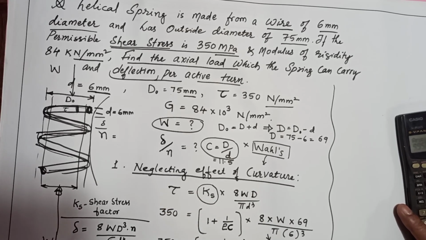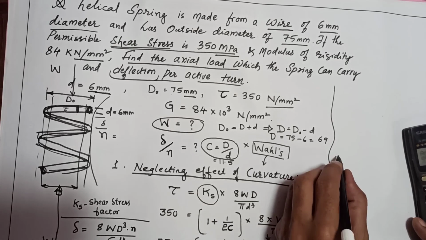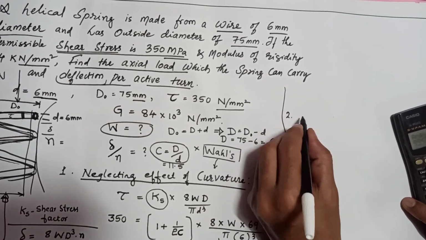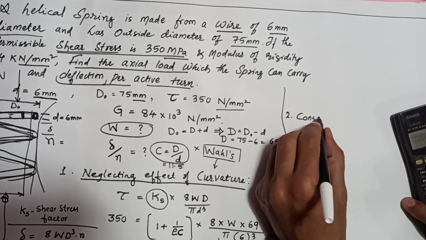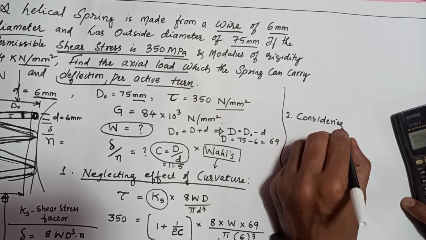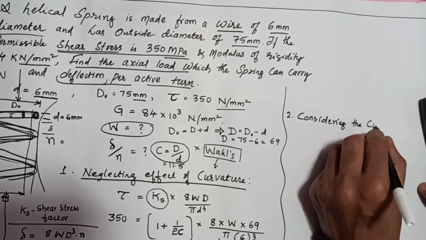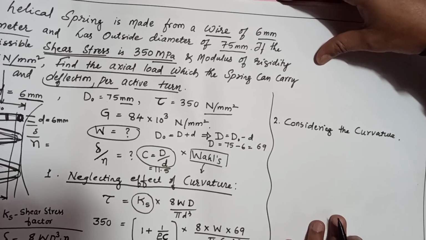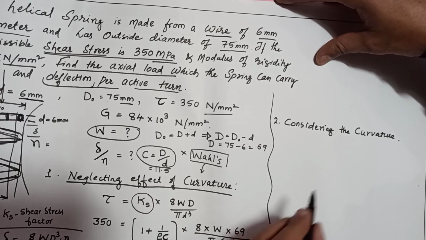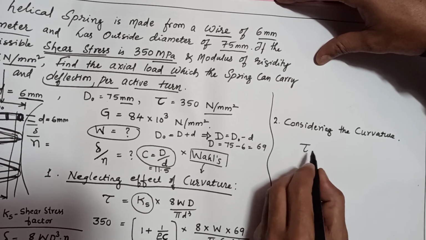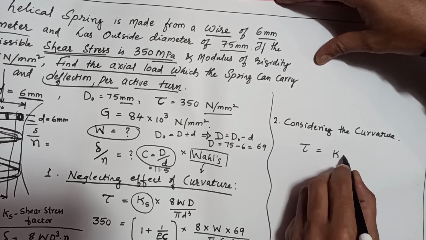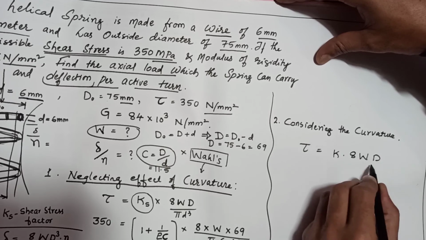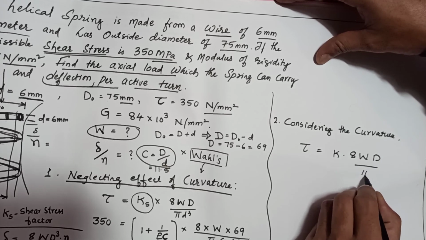Similarly, you can calculate by considering the curvature. You can go for the second step now. So second, you can write by considering the effect of curvature. Again only the equation I will change here, where tau is equal to K into 8W D by pi d cube.